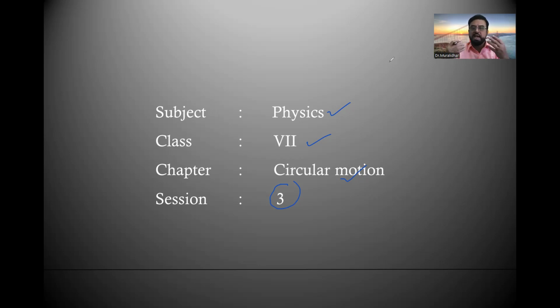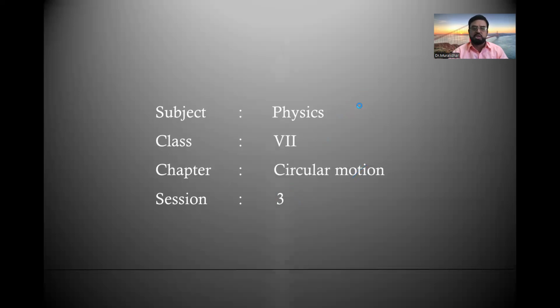They are named as angular displacement, angular velocity, angular acceleration. Because when a body follows the curved, circular path along a radius, it makes some angle with the origin. That is the reason angular will come. So what we discussed in the last class was all the terminology related to circular motion of a body, right?